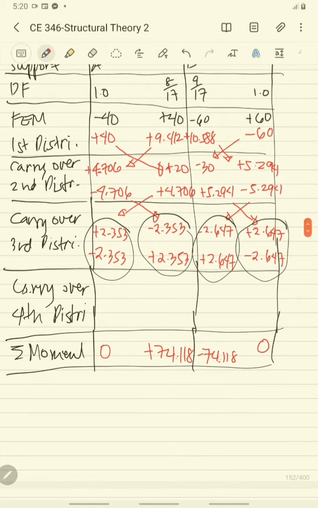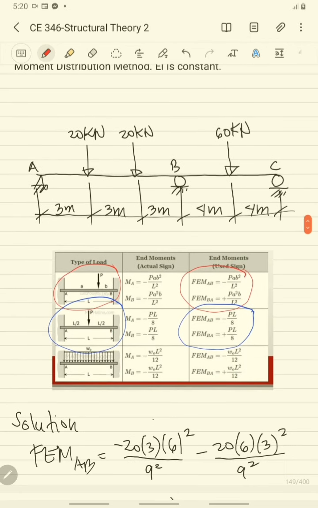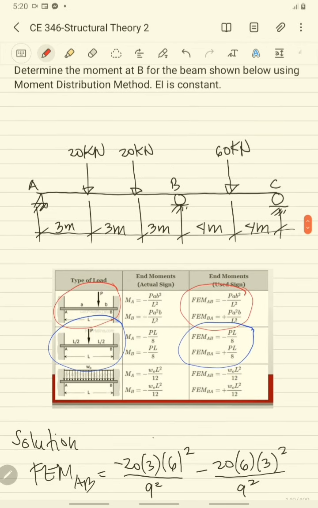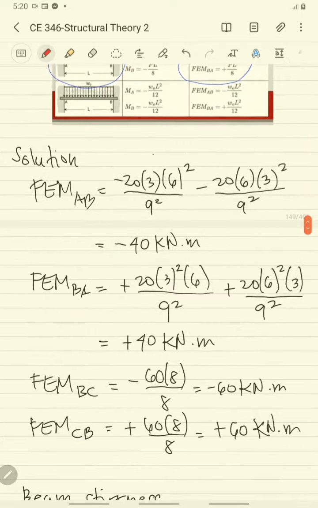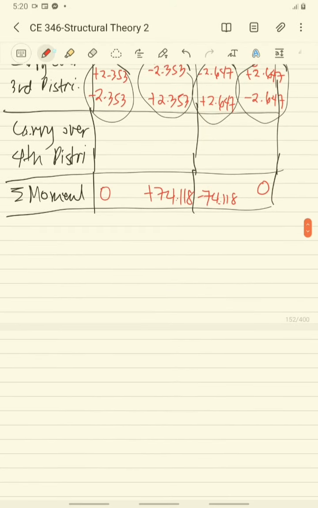Since for our problem we are asked to determine the moment at B, you have to give me the final answer for B. You cannot say that the moment is positive 74.118 or negative 74.118.